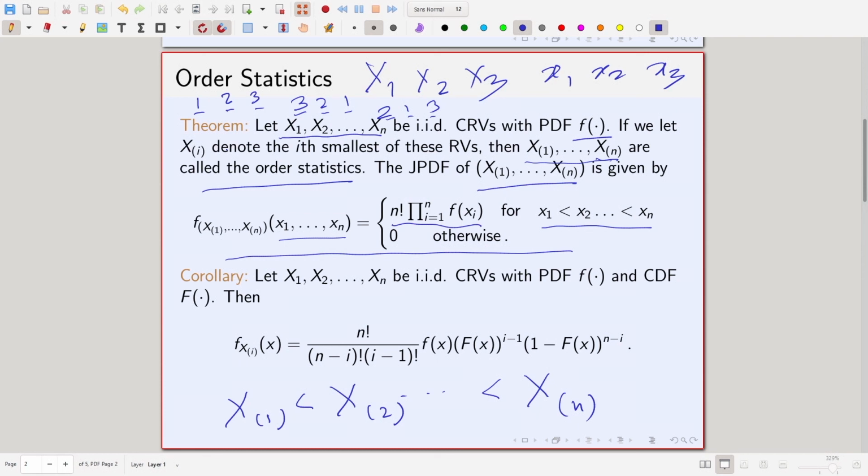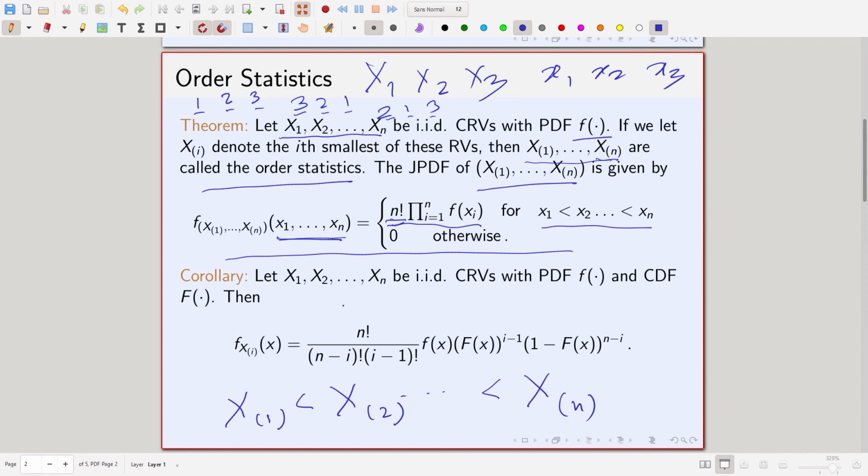So if you are doing permutations of n numbers and looking at them as n tuples, they are different. But if you are just ordering them, all n factorial possible permutations of n numbers give you the same ordering. That's important. That's why you get this n factorial, because when will these x1, x2, xn take these values little x1 up to little xn?